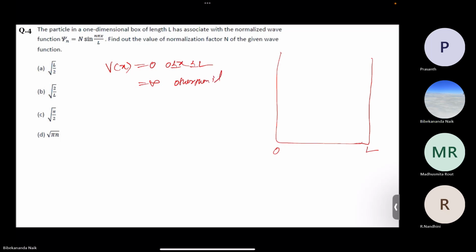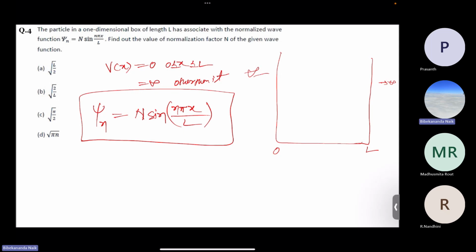So here it is infinity and here it is infinity, and in between from 0 to L the potential is 0. The particle is in that box and its wave function is given by psi n equals N sine n pi x by L. We all know it clearly.